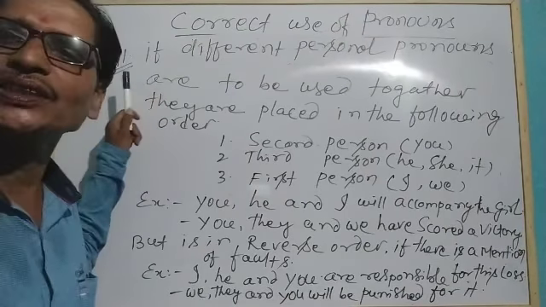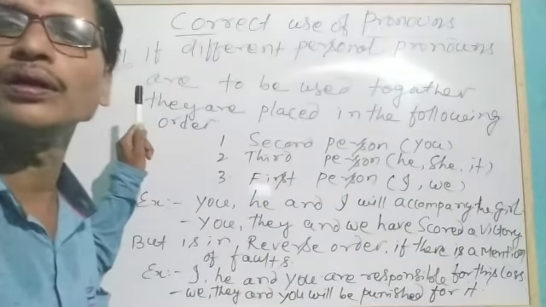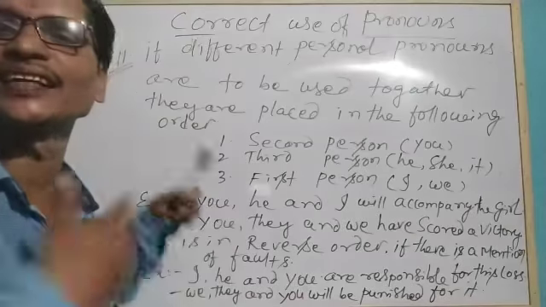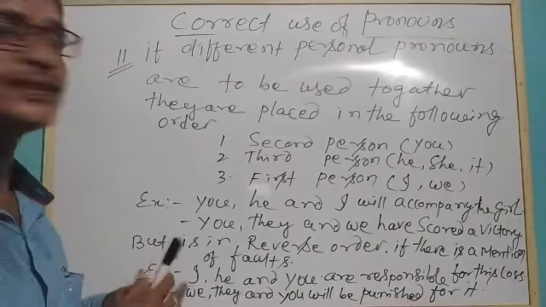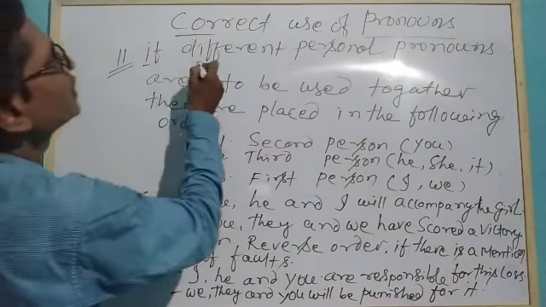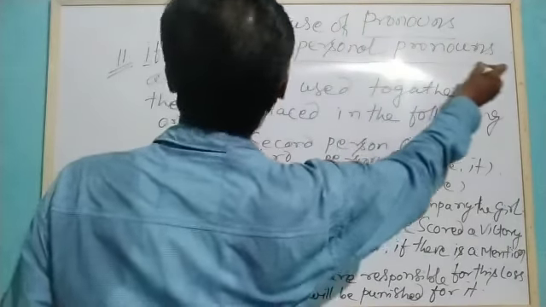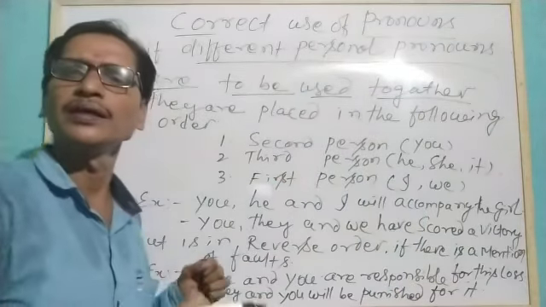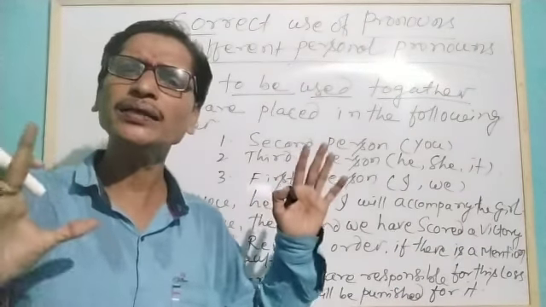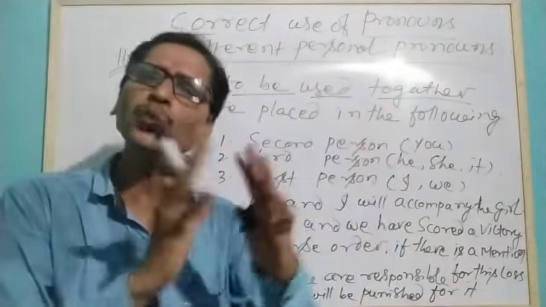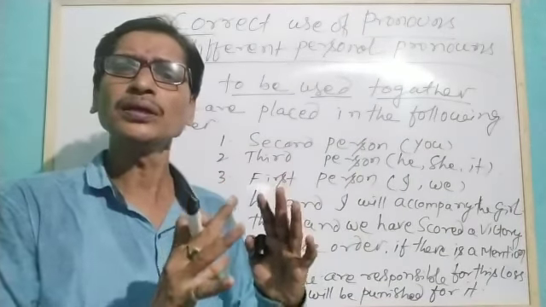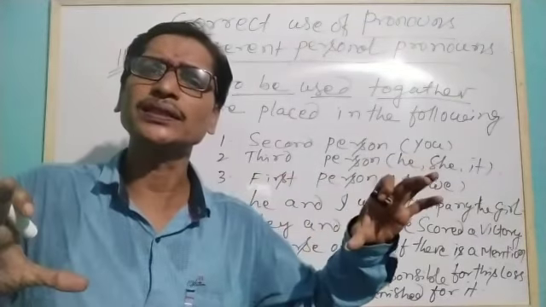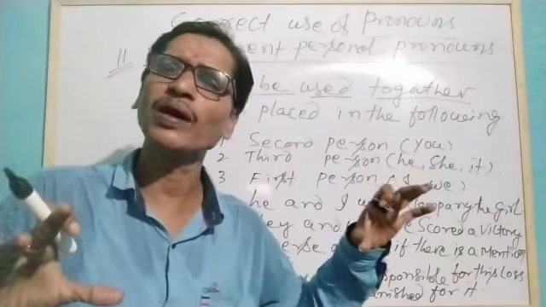Here, the next rule, the 11th rule for the correct use of pronouns. Let's understand what it says: if different personal pronouns are to be used together, like first person, second person and third person, in what sequence should we use them in our statement?